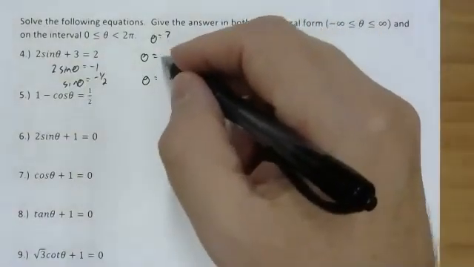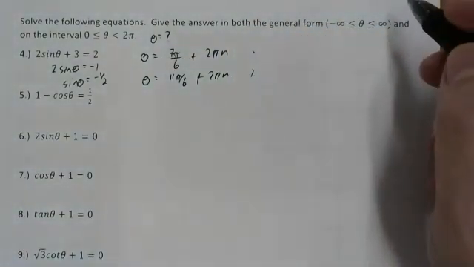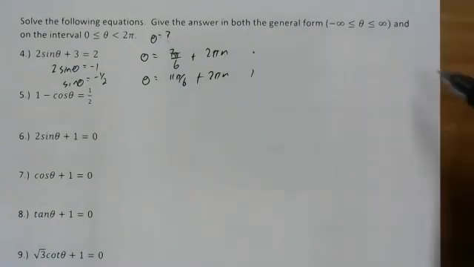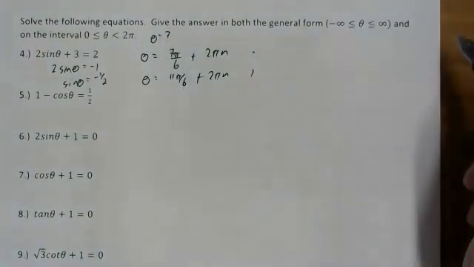So these are the general solutions. Now the specific, I start plugging in numbers for n, and I look for the angles that are between 0 and 2 pi.